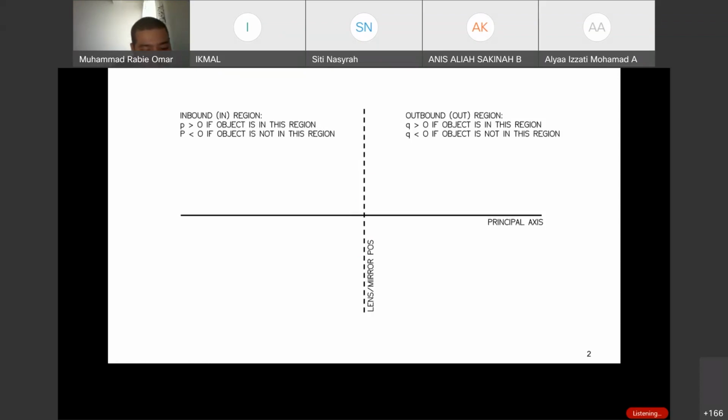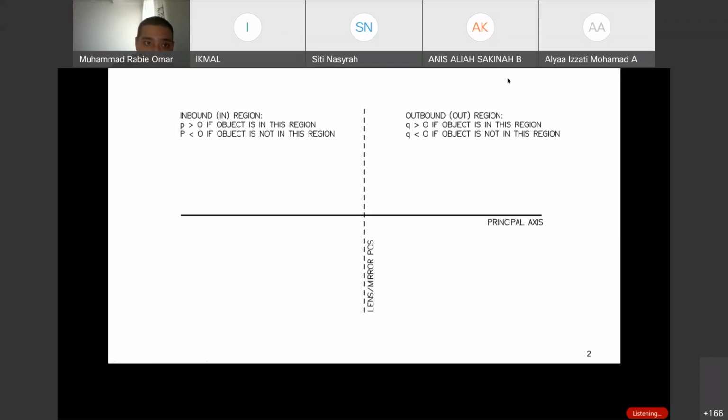But whenever you are required to draw the ray diagrams, or if you are required to predict or estimate the position of the image or the object, you need to know how to determine the sign, whether the value of P is greater than 0 or less than 0.